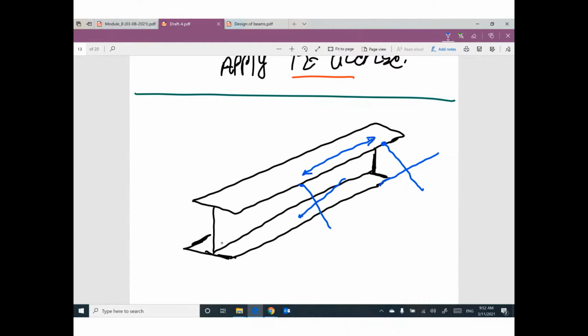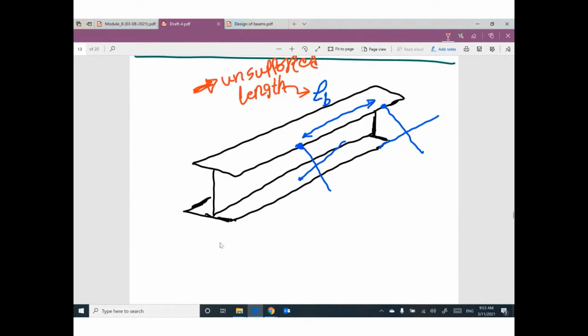This spacing between this lateral support and this lateral support can be called LB. This LB can be called unsupported length. I have question.